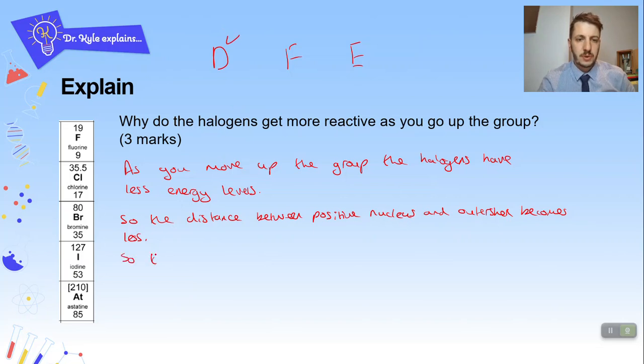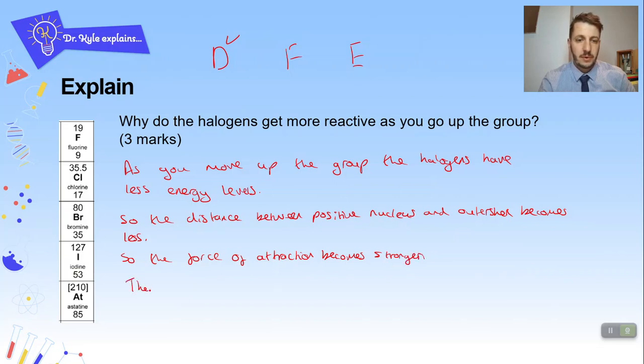So the force of attraction becomes, let's have a quick think now. So if the force of attraction, what's happening there? If the distance is becoming less, the force of attraction becomes stronger.